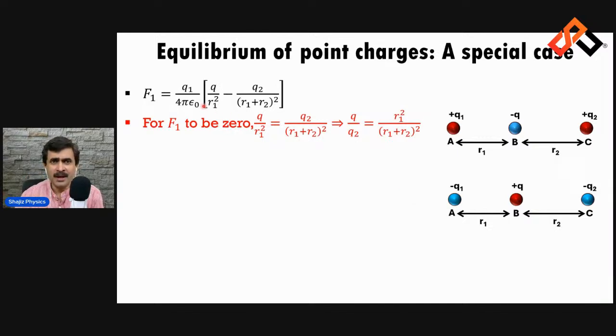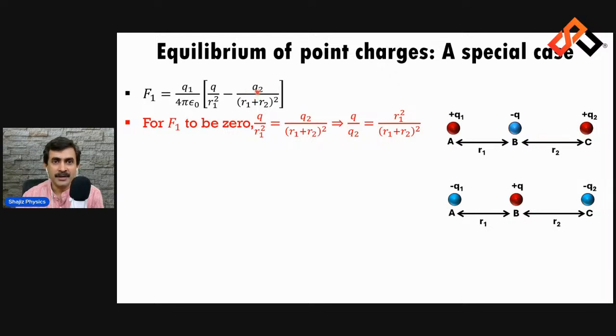So, what does it mean? F1 is equal to 0 means this quantity cannot be 0, so the possibility is that the quantity inside the bracket should be 0. You equate the quantity inside the bracket with 0.